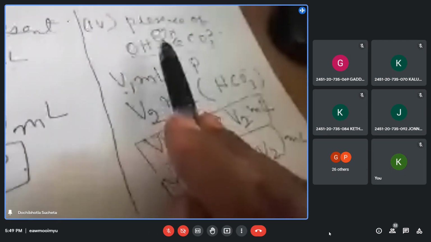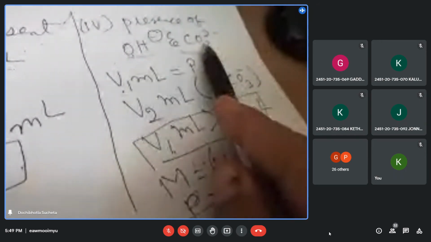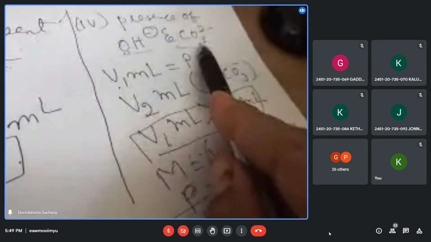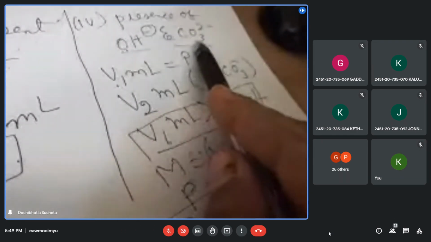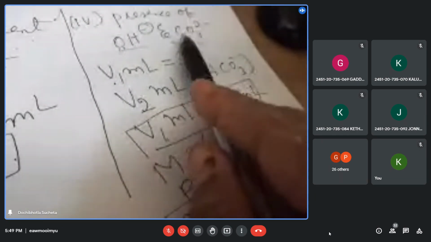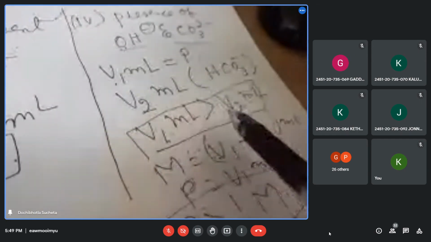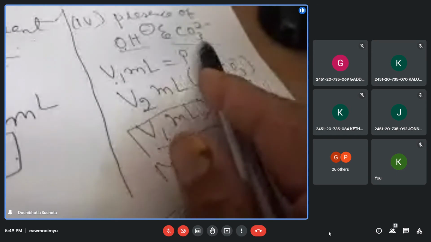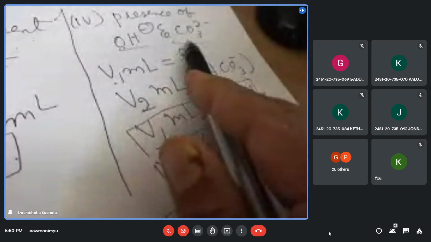Okay. So in the second step, when I added methyl orange indicator, which gave yellow color, it was just showing the half neutralization of carbonate. That is, neutralization of bicarbonate formed from the carbonate, giving red color. Okay. So first, if I calculate the concentration of carbonate, that is easy.